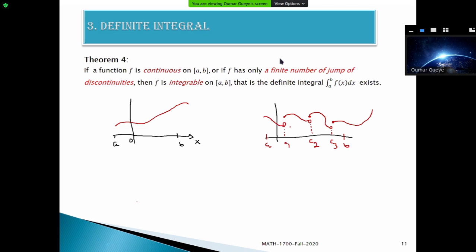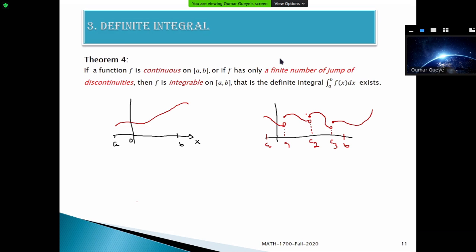This is going to happen, for example, when you have a piecewise function. So you have to check all the breakpoints. If your function has two pieces, you will get just one breakpoint, and you check that breakpoint. If your function has, let's say, three pieces, you will get two breakpoints.